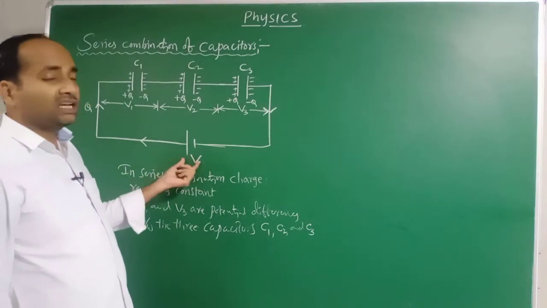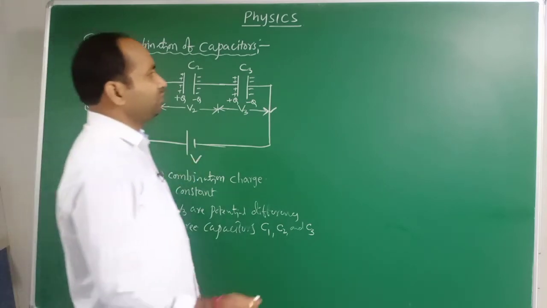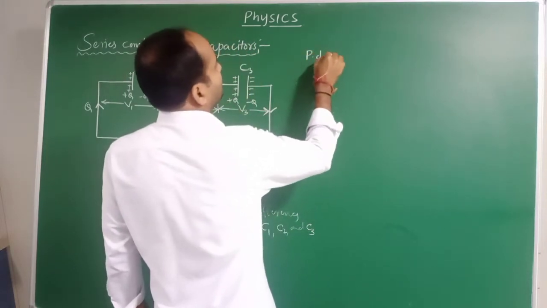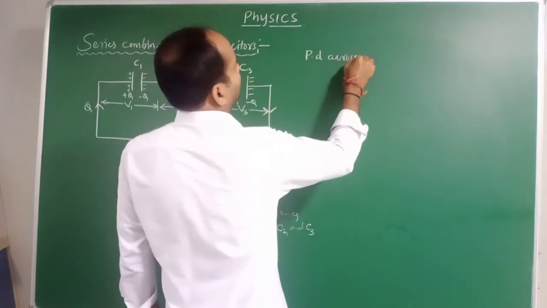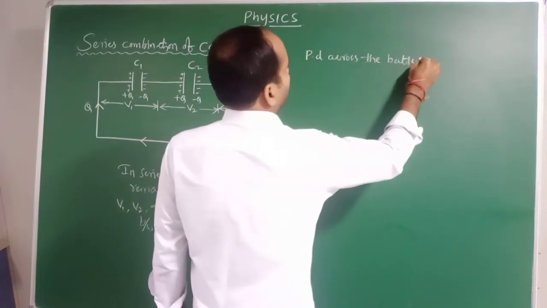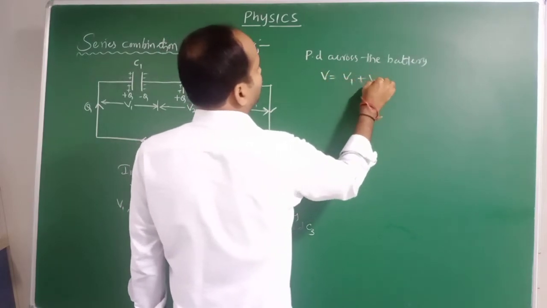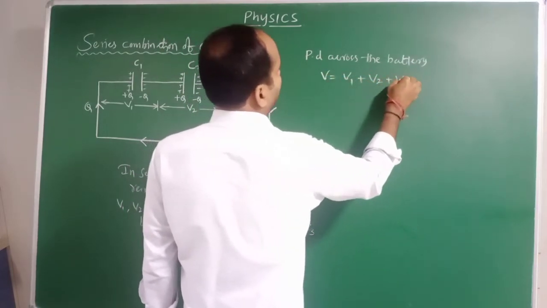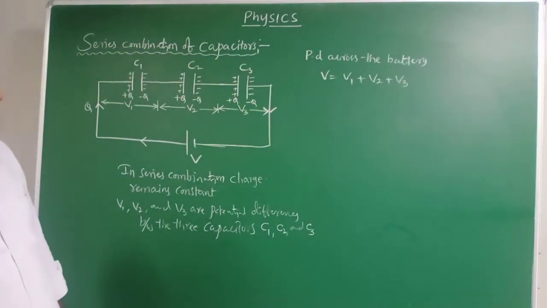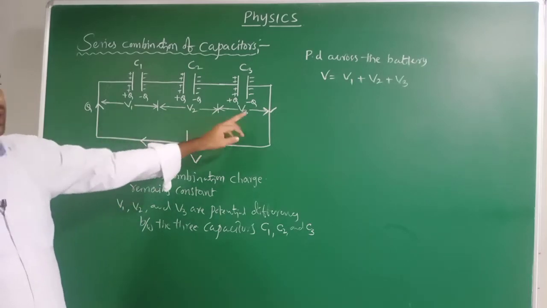The potential across the battery is V and the charge drawn from the battery is Q. So we may write the potential difference across the battery V is equal to the sum of the potential differences across the three capacitors, that is V equals V1 plus V2 plus V3.